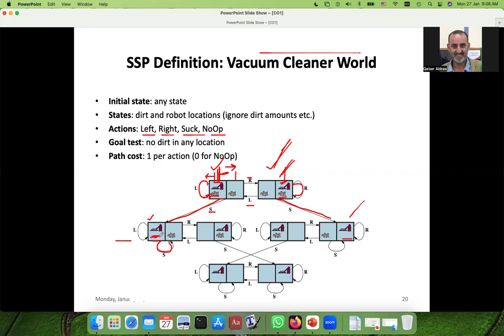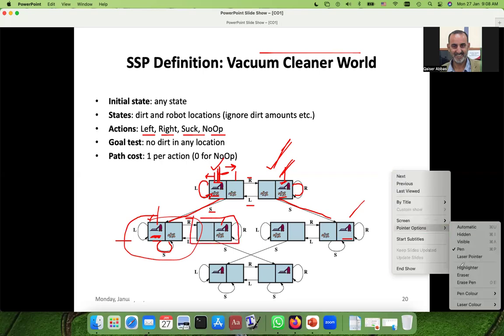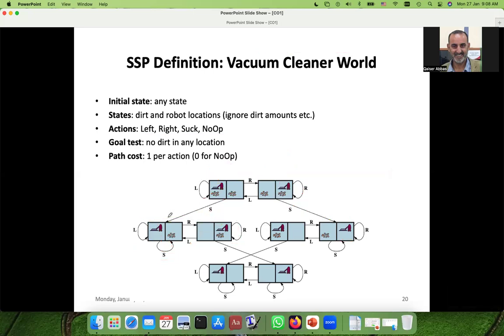And if you perform right, the agent will move toward the right side, and this would be a new state. So now this is clear. Similarly, you can see all these states, and it is very clear.